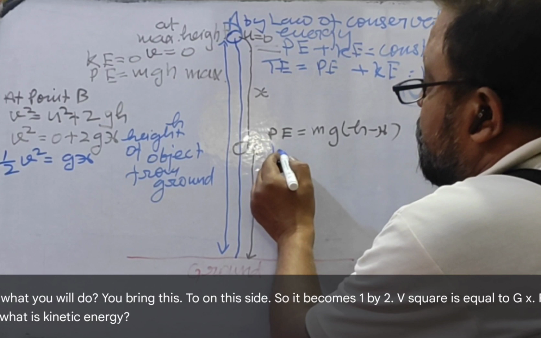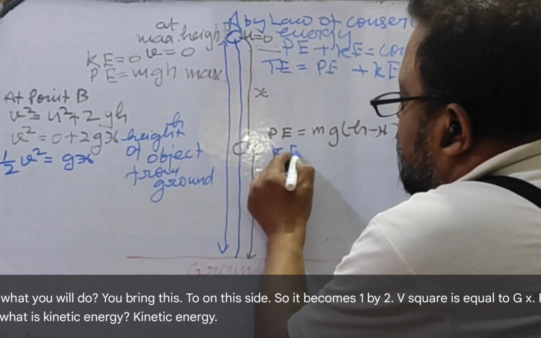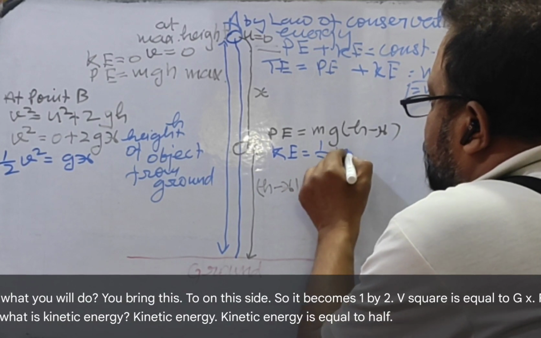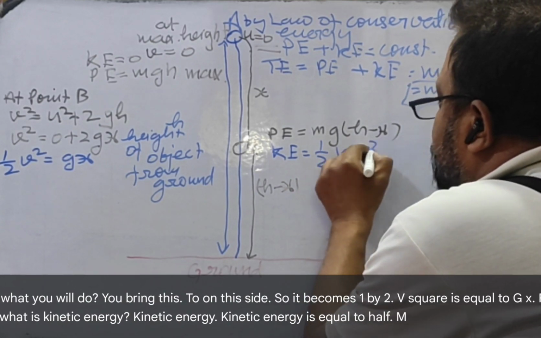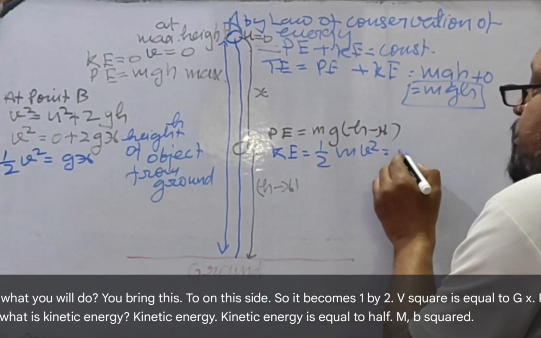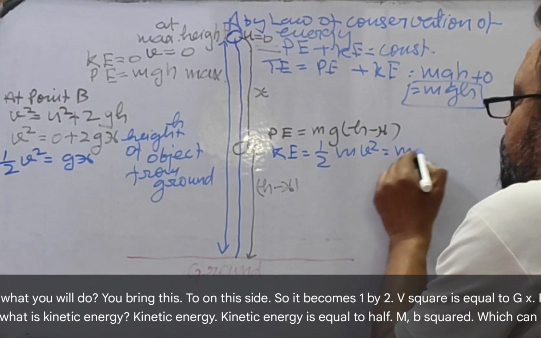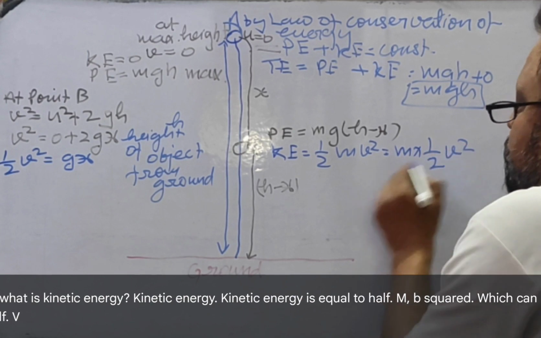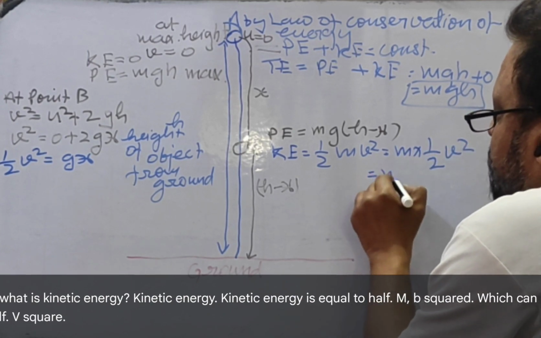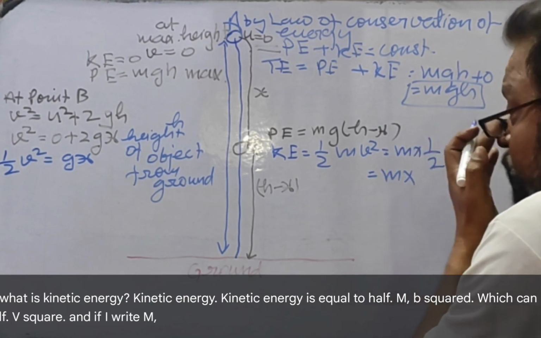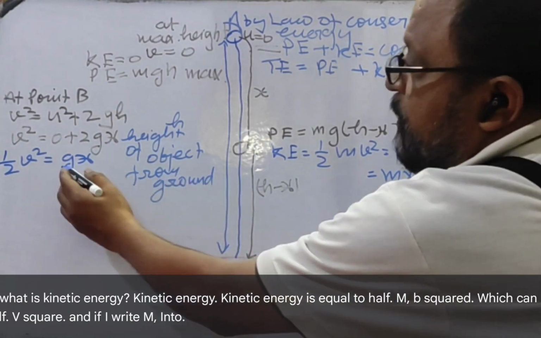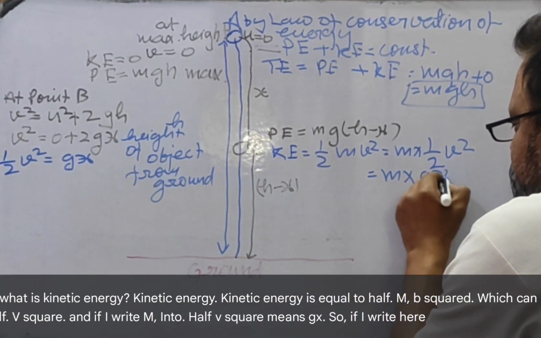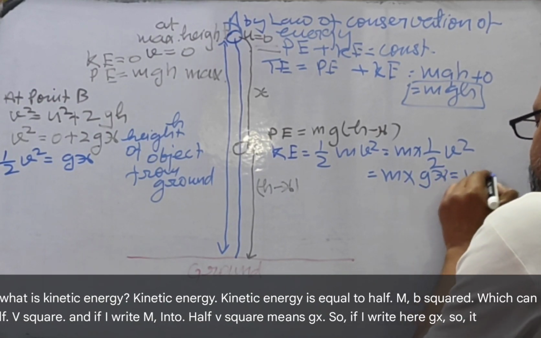Kinetic energy is equal to half m v square, which can be written as m into half v square. And if I write m into half v square means gx, so it becomes mgx. Fine.